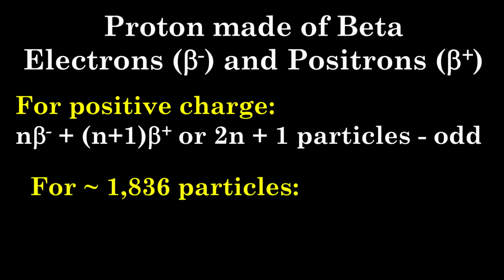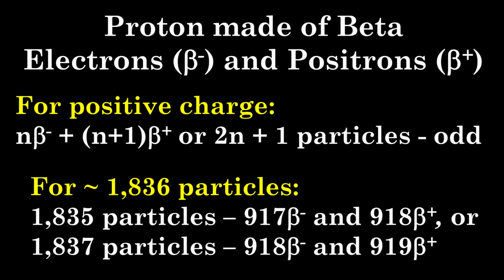So, if the proton's mass is equivalent to 1,836 free electron masses, it is likely made of either 1,835 or 1,837 beta electrons and positrons. This model assumes 1,837 so that a free electron has something extra about it that distinguishes it from the beta electron.